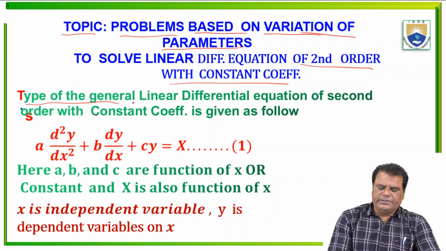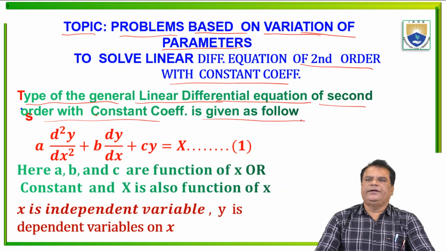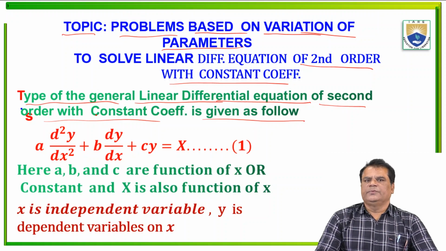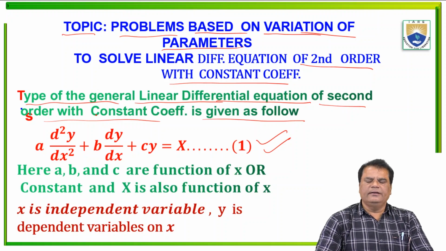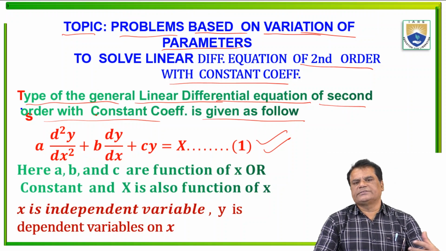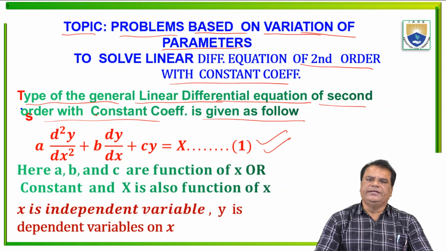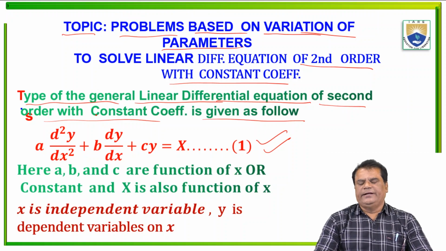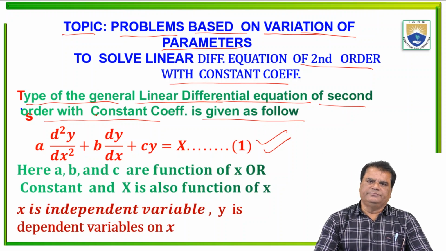The general linear differential equation of second order with constant coefficients is given as below. Here I am writing equation 1. How can we say that this is constant coefficient? Coefficient means multiplier, and constants means numbers. If numbers are multiplied with the derivative in each term on the left hand side, then the differential equation is known as a constant coefficient equation.